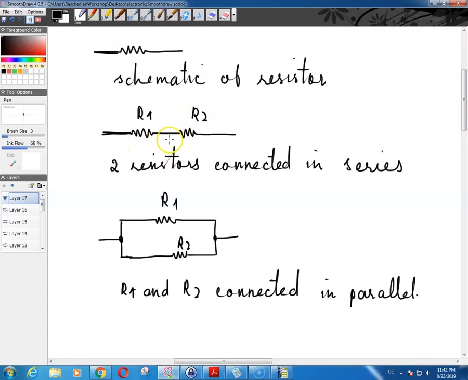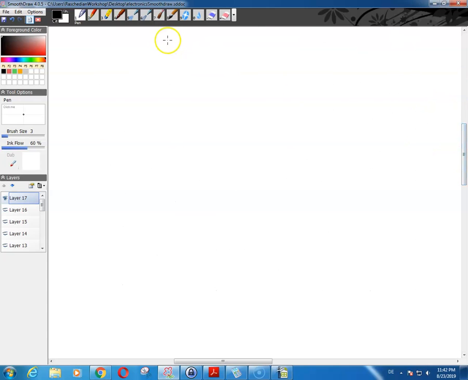Now we connect resistors in parallel and series of course for a purpose. When you connect two resistors in series, let's say you have this resistor R1, a 10 ohm resistor, and R2, a 5 ohm resistor.